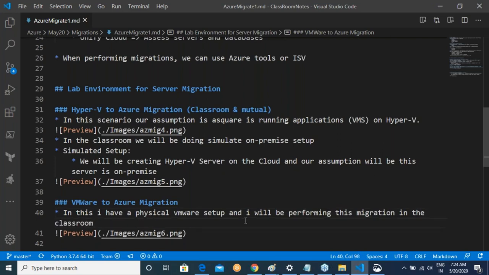For you, it will be difficult to have this kind of lab setup. But if you have a VMware with this kind of setup, you can do it along with me. Since it is difficult for everyone and we cannot create VMware instances on the cloud, this is the option which we have. So we are doing Hyper-V migration, but it will help us in understanding VMware migration because the steps are not different.